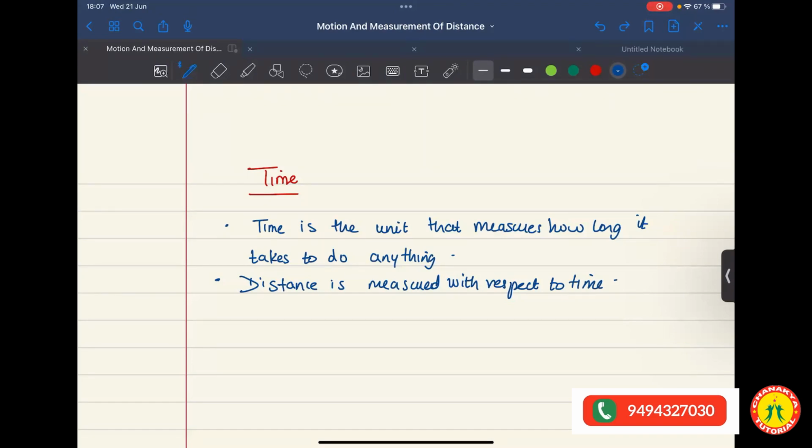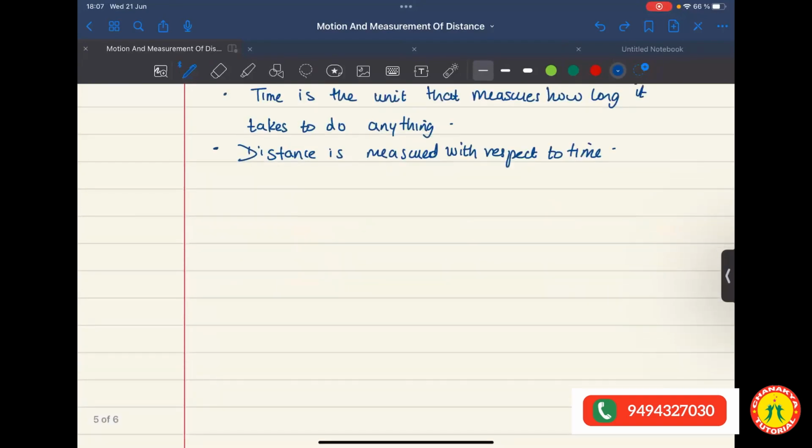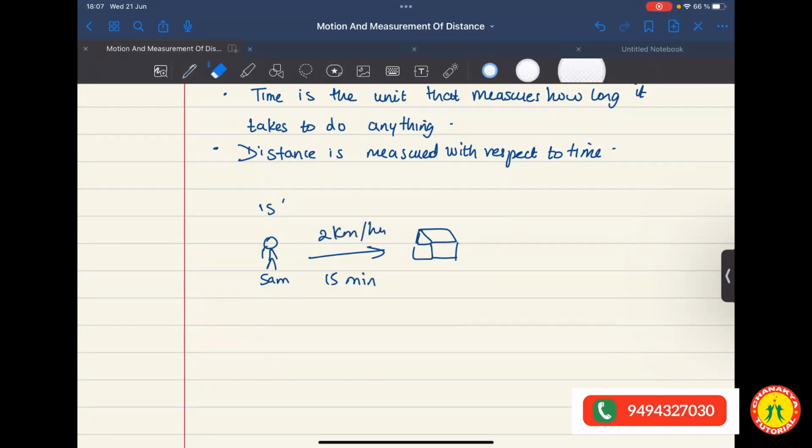So if an object is moving with some speed s for a time interval t, for example, Sam reaches his house in 15 minutes at a speed of 2 kilometers per hour. You know, speed's unit is kilometer per hour.